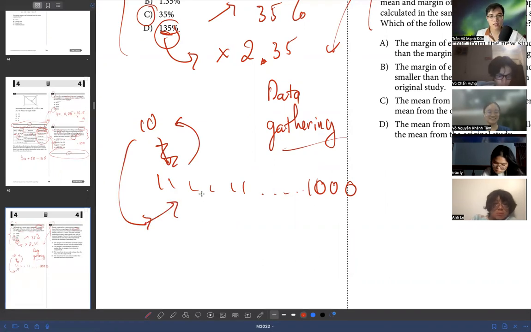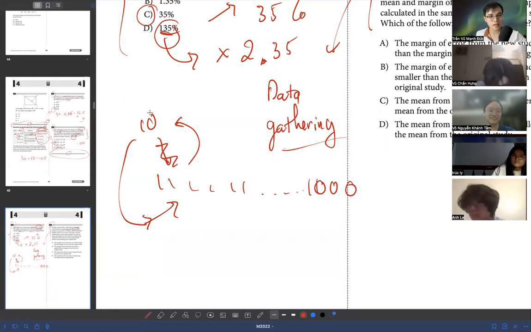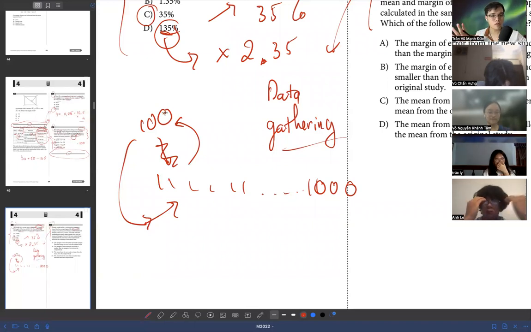It means that instead of giving the survey to 1,000 people, I just pick randomly 10 people, and it will be representative of that 1,000. But if I want to increase the accuracy, I just increase this to 100. If I pick 100 random people, remember the word random.